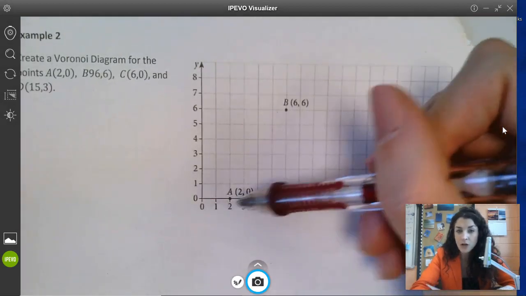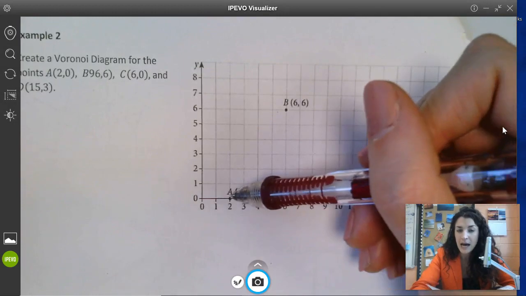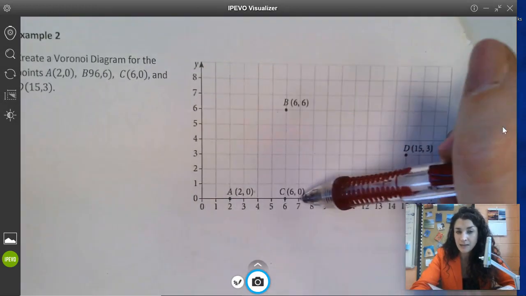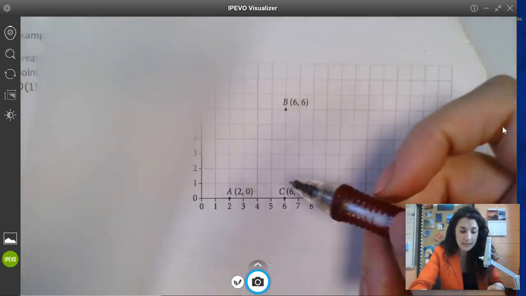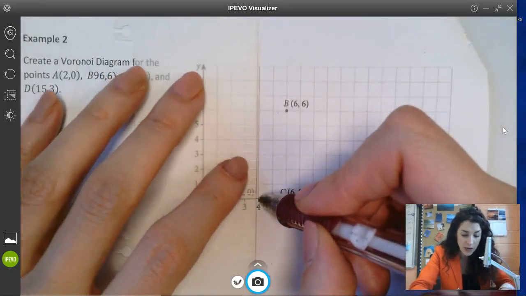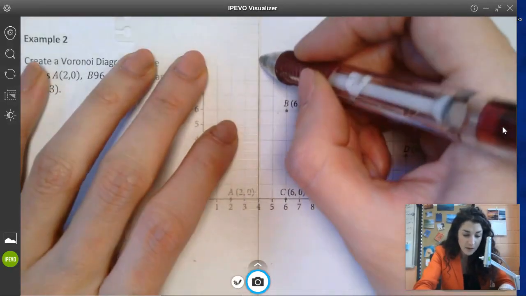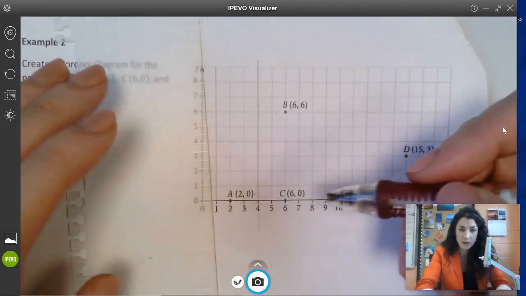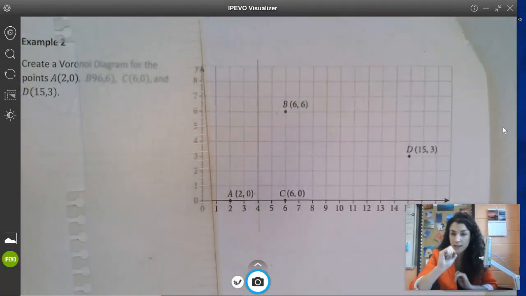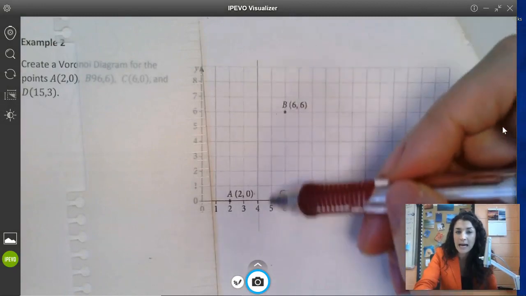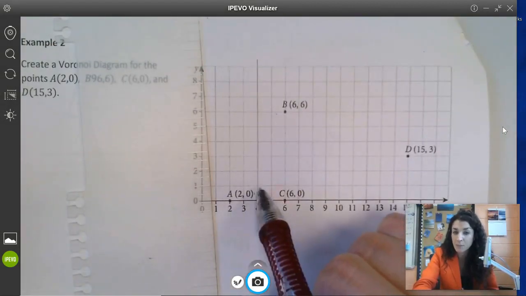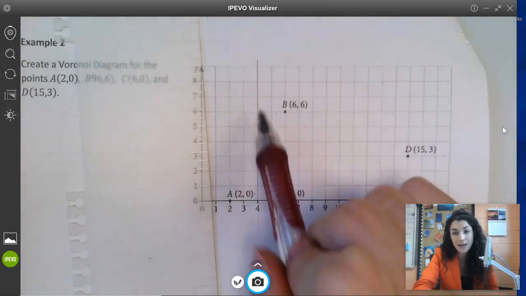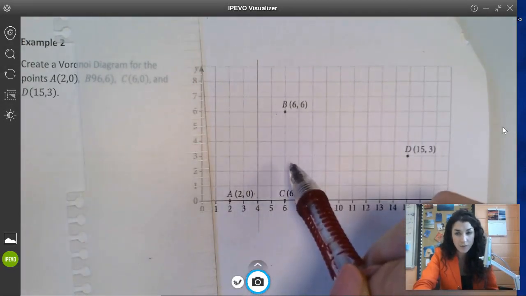And so I'm going to draw in a vertical line that's halfway between A and C. If A is at 2, C is at 6, halfway between is 4. I'm going to draw lightly because I'm going to have to be erasing stuff later. So right now, I'm just going to draw very lightly a vertical line at x equals 4. It's halfway between A and C, and it's perpendicular because AC is horizontal, and that line is now vertical.